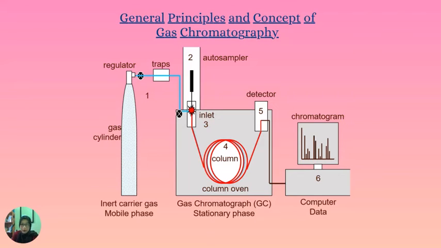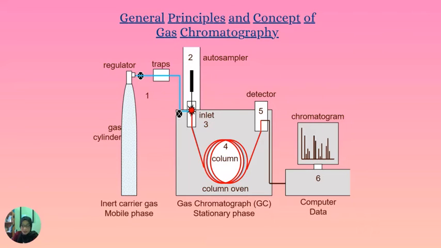Third component in the gas chromatography is the column. Once the sample is volatilized, it passes down to the column where the separation between the molecules of the mobile phase and stationary phase occurs. The less volatile molecules interact more with the stationary phase and move slowly while the more volatile molecules interact more with the mobile phase and move fast down the column.